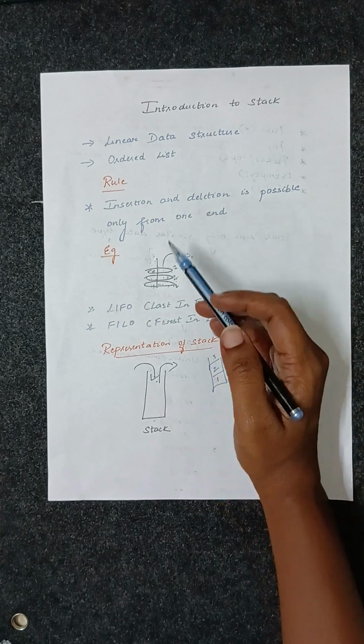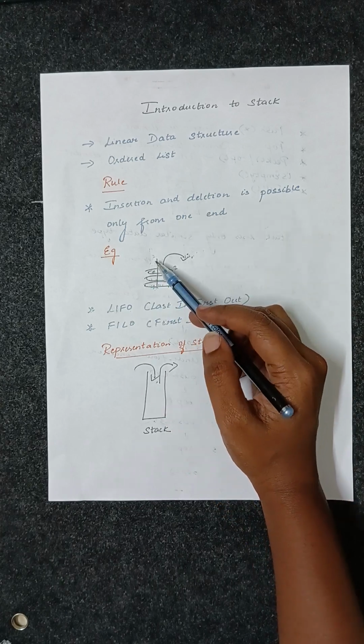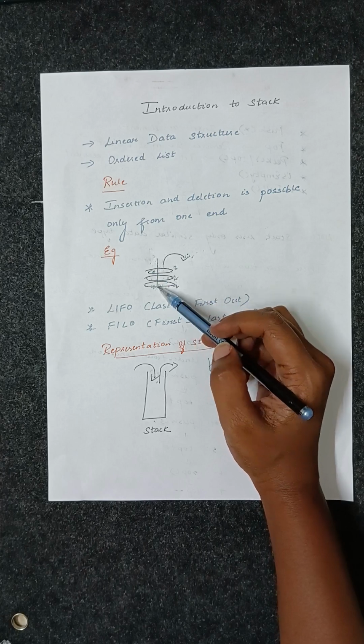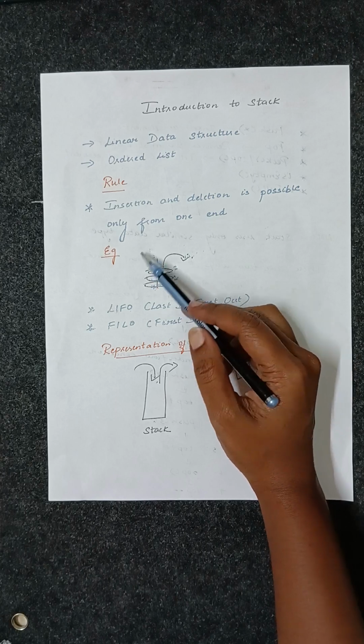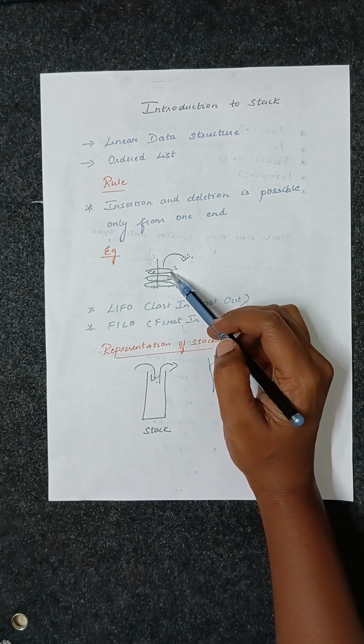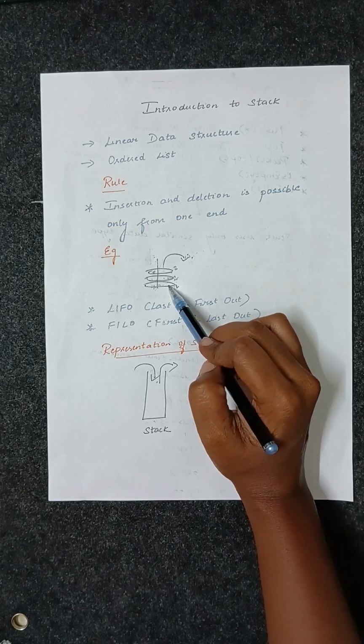So we can consider an example. Consider a CD player storage. How will you store your CD? First you will be inserting one CD, the first CD. Then you will be inserting the second CD, followed by the third CD. So what you have inserted first will be stored at the last place, right?